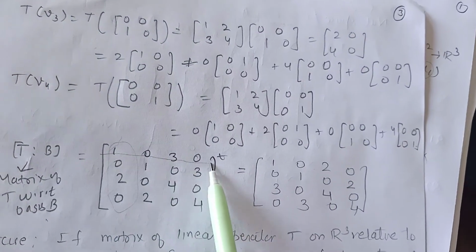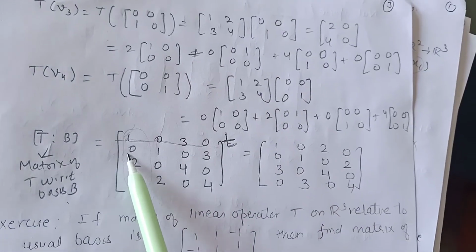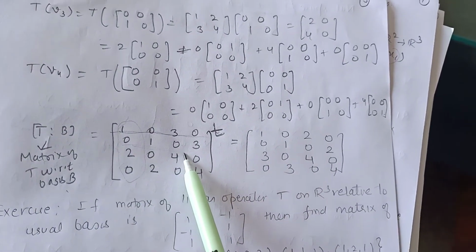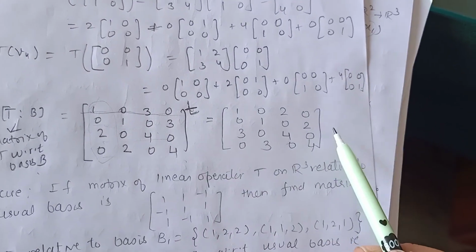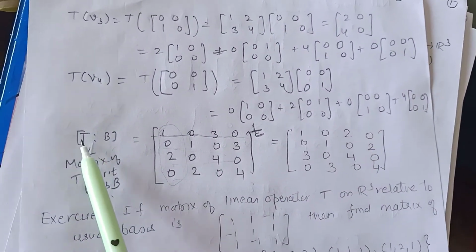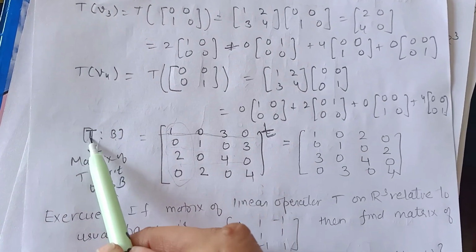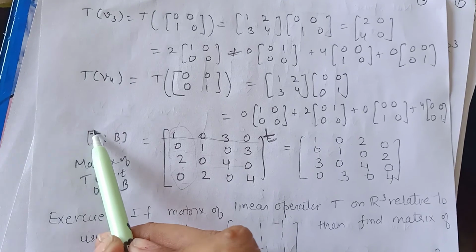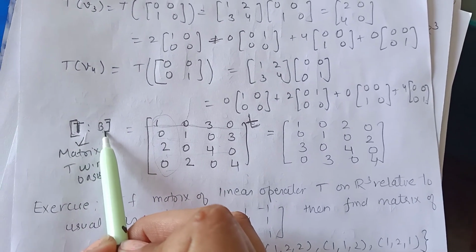Sorry, these are row-wise, and we have to take the transpose also. Similarly, these will be the coefficients when we wrote V2, V3 and V4 respectively, and taking the transpose will give you this matrix of T with respect to B. So this notation is all right. This is the notation of the matrix of T with respect to basis B.